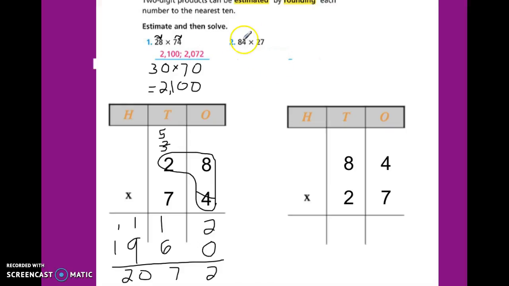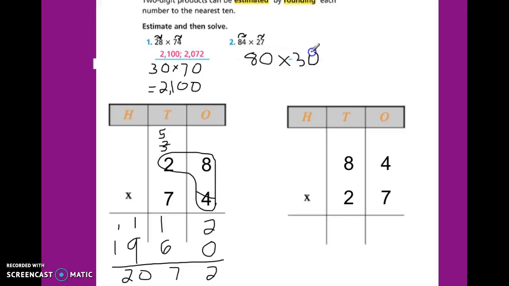We're going to do an estimate and then a solve, and then we'll have you try it. So again, I'm going to first round my number. It's at 84, so it's below 5, so this still stays, this goes down to an 80. And I'm going to times it by, look at the 27, it's above 5, so I'm going to go ahead and round that up to 30.